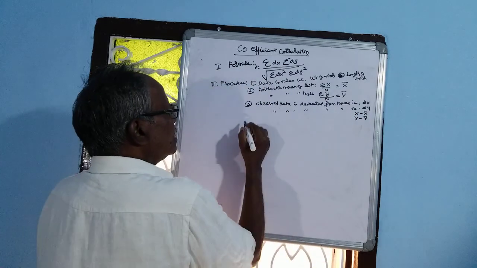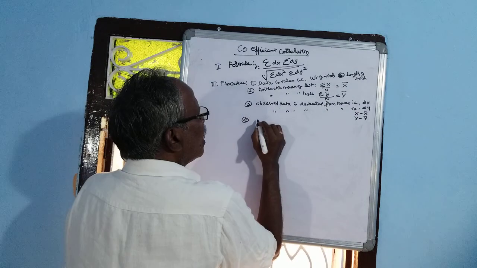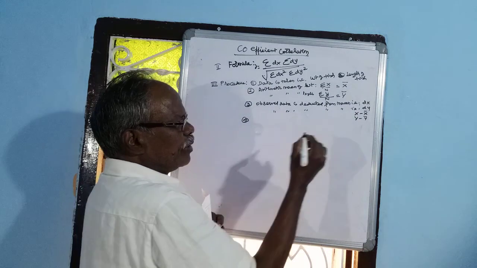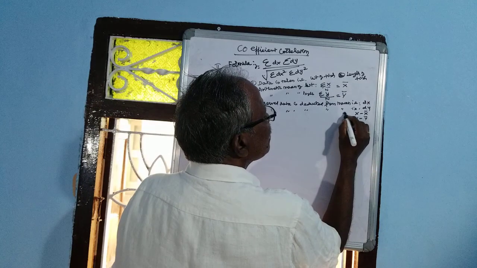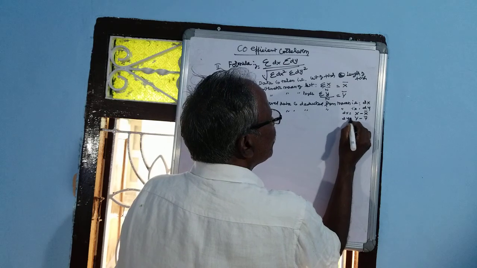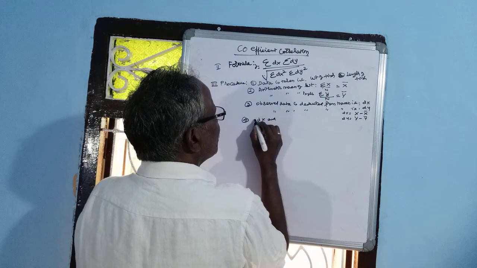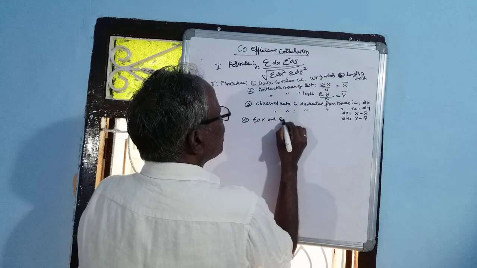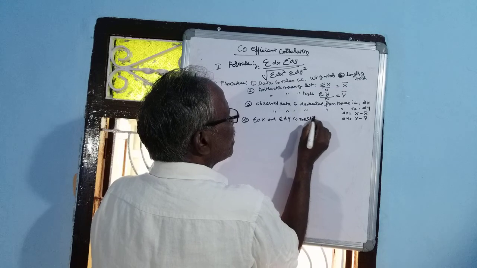Fourth one is dx and dy are multiplied, that is, sum of dx dy.